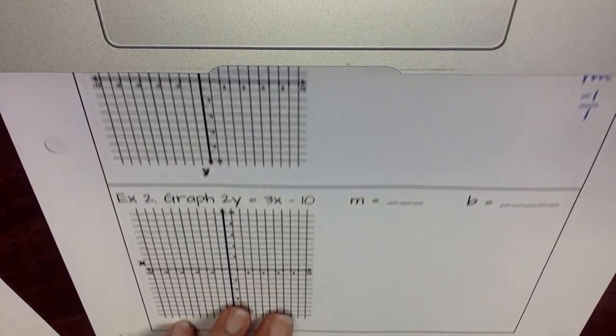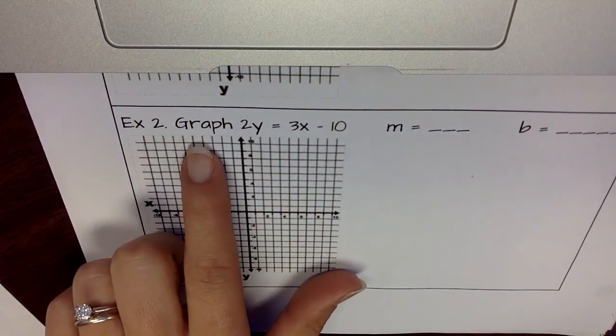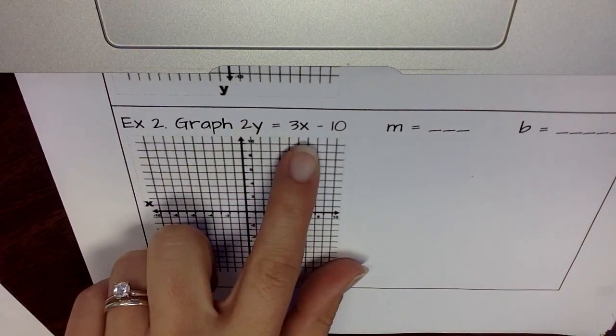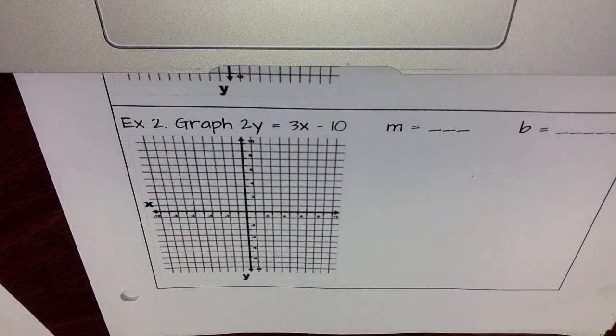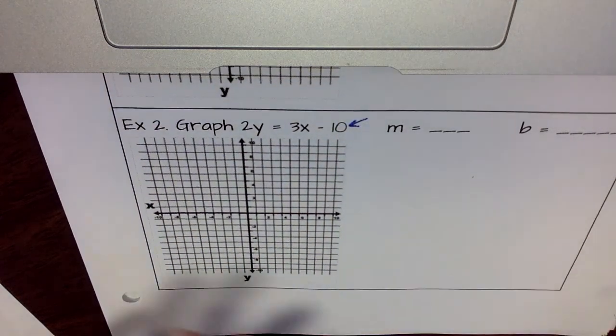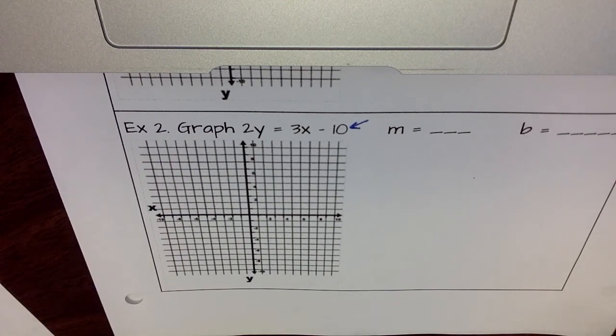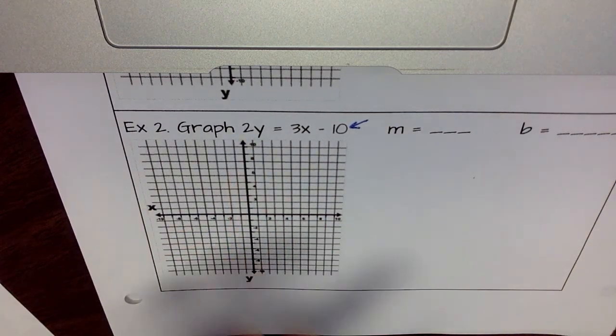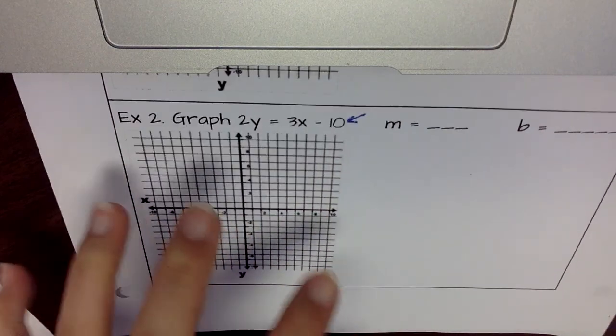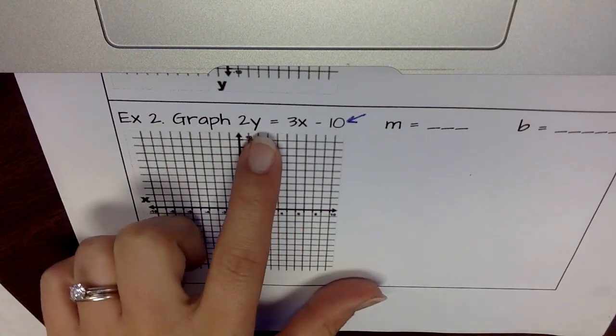Let's go to example 2. Graph 2y equals 3x minus 10. Well, this is not in function form. It's not in slope-intercept form. A while back I told you when you put it in function form, I always told you to put the x value first, and now you can see we need to put it in slope-intercept form.